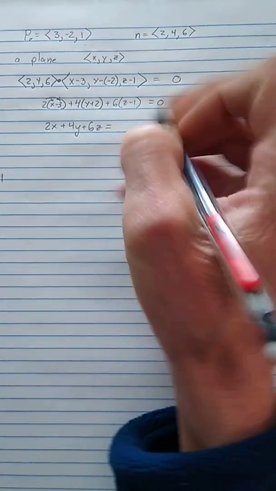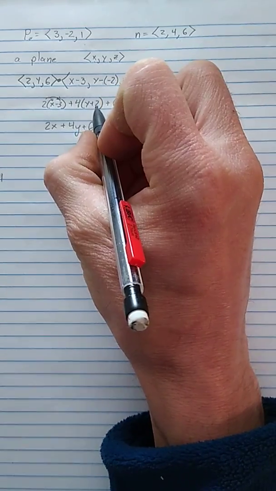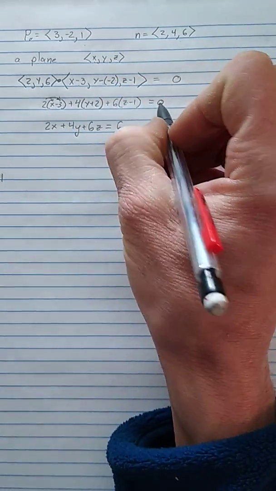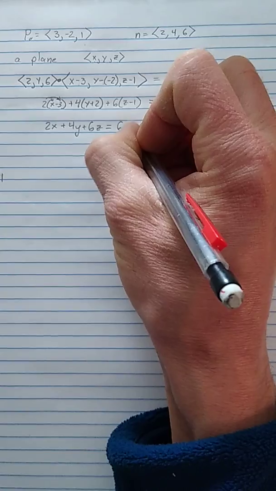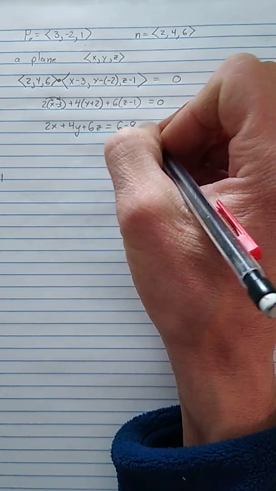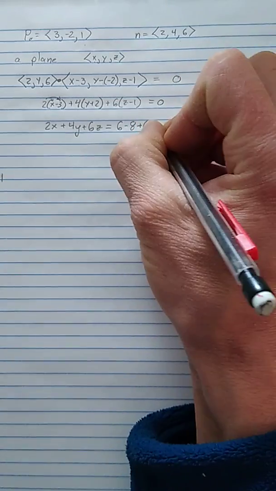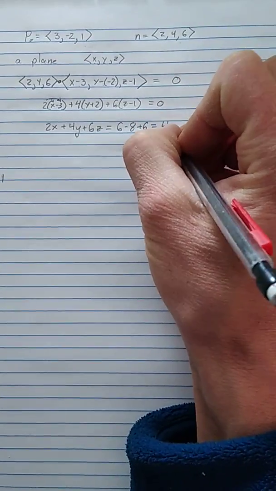To move it to the other side, it becomes plus 6. 4 times 2, that's 8. Move it to the other side, minus 8. 6 times the -1 is -6. Move it to the other side, plus 6. And that equals 4.